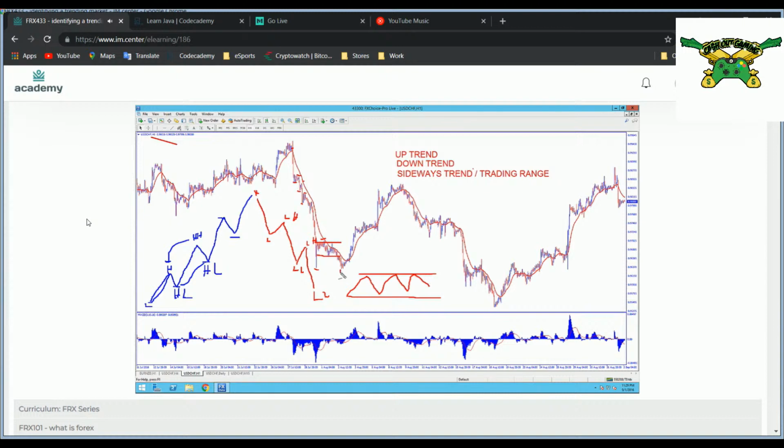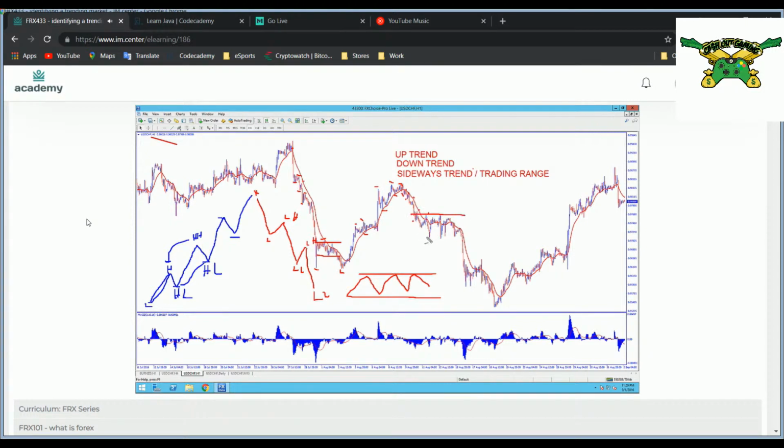And then we start again at the low. High, higher low, higher high, higher low, higher high, higher low, and it stopped going up. Then the market turned down, and you can see the same scenarios. And that's how you determine the trend.